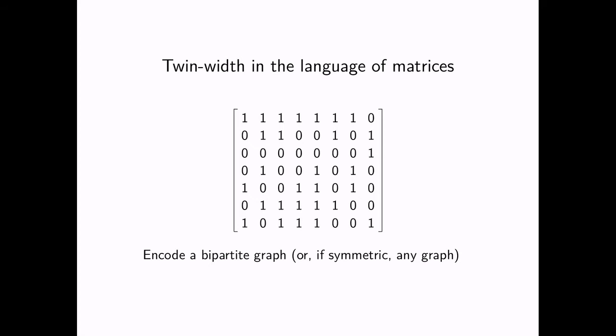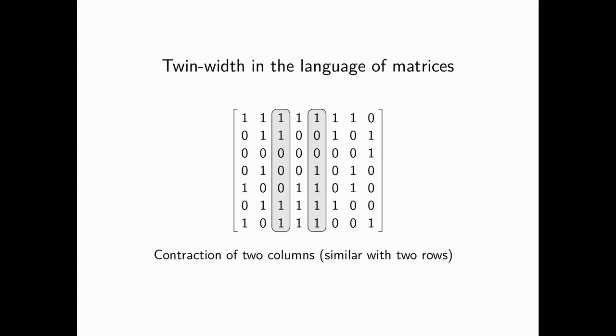I will stick with 0, 1 matrices, but you see that this definition makes sense if I were on a finite alphabet. So let's try to recast what we were doing with our contraction sequence on graphs to matrices. We're taking 2 vertices, so now we'll be taking 2 columns or 2 rows and merging them into 1.